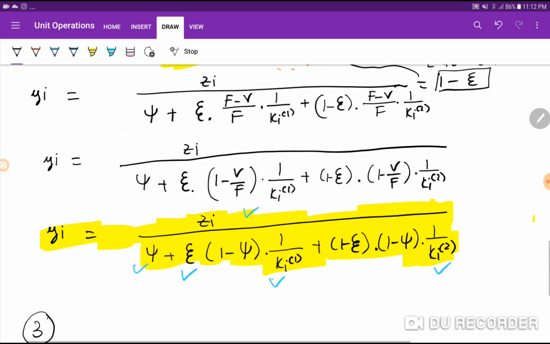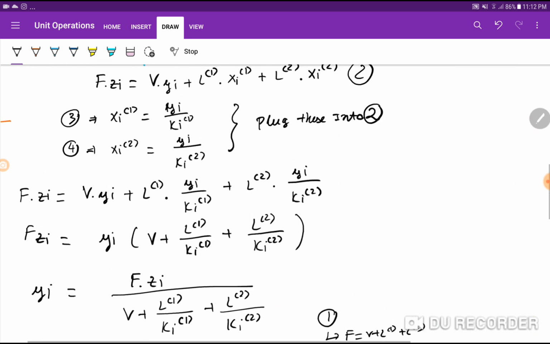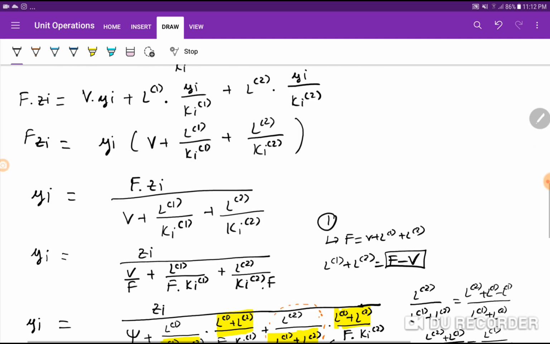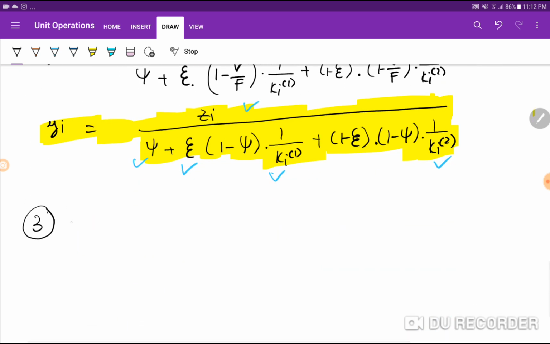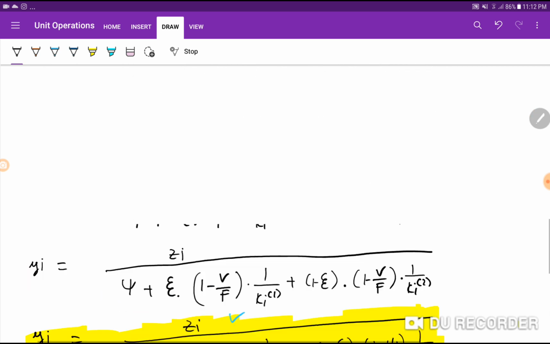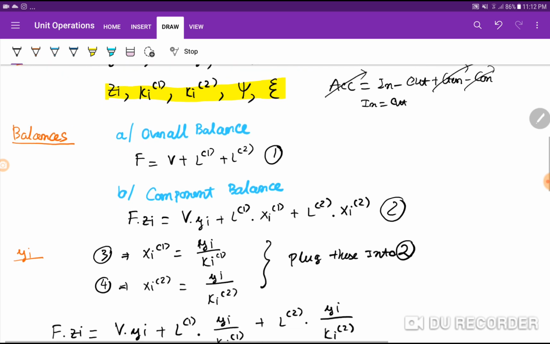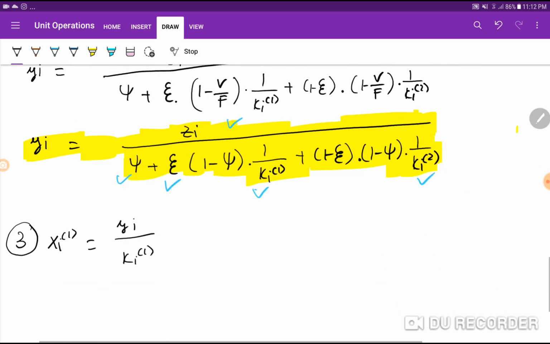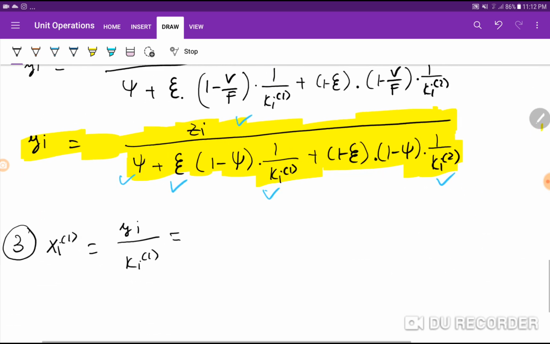Actually, let me scroll up for you. From 3 we know that xi1 equals yi over ki1, right? So I'm going to plug everything in.